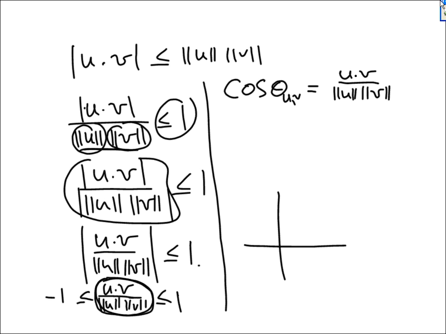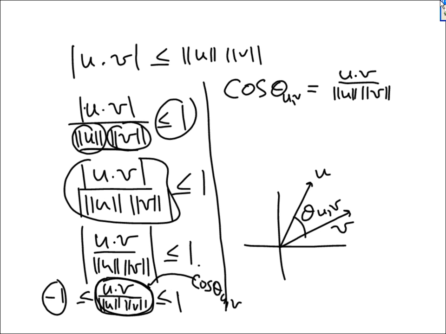Well, very simple. You have the vector v, you have the vector u. That theta is the angle between u and v. So they just chose to call that the cosine of theta, where theta is the angle between u and v. And it lives up to the fact that it's between -1 and +1.